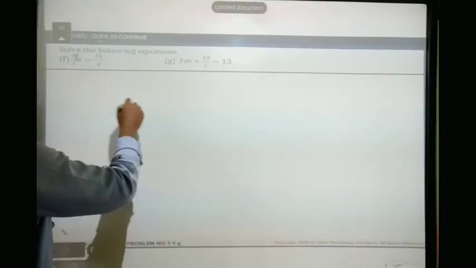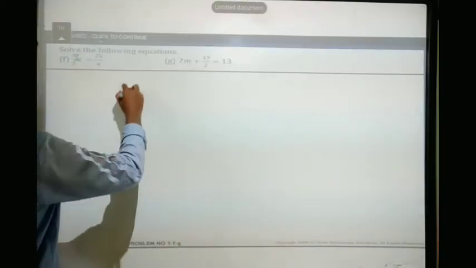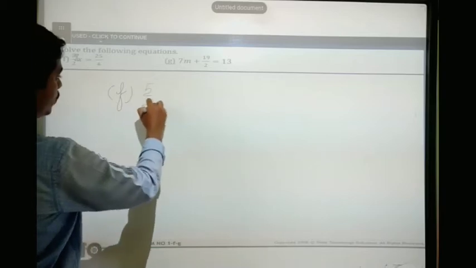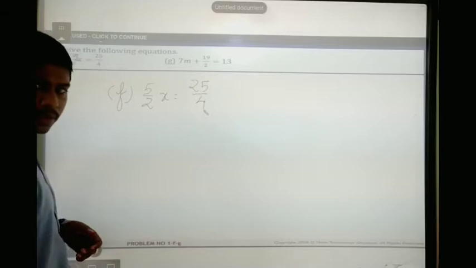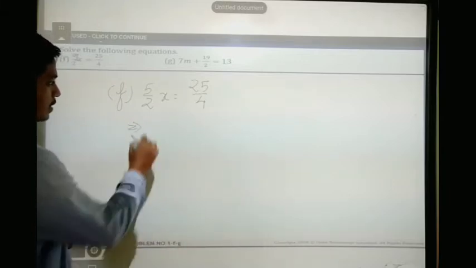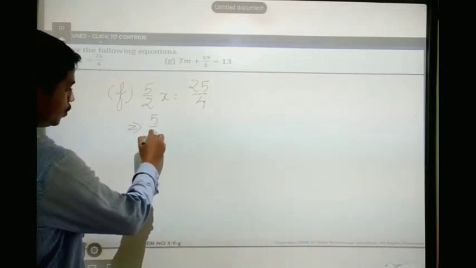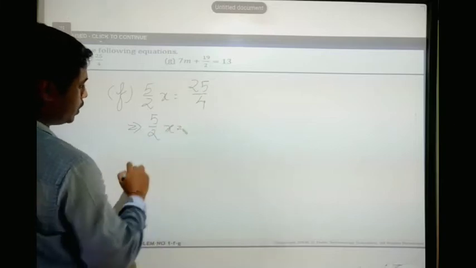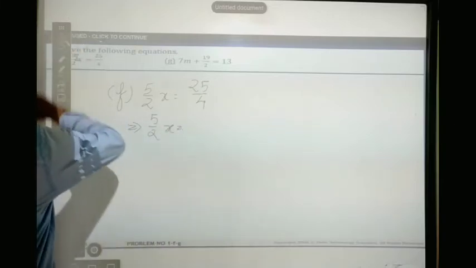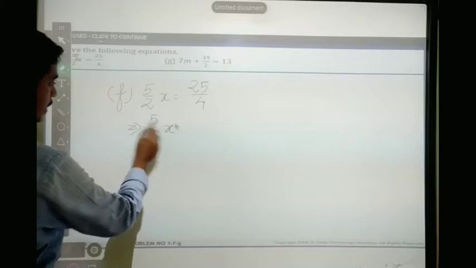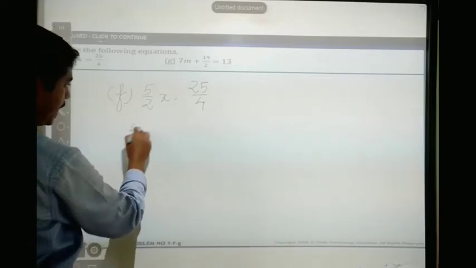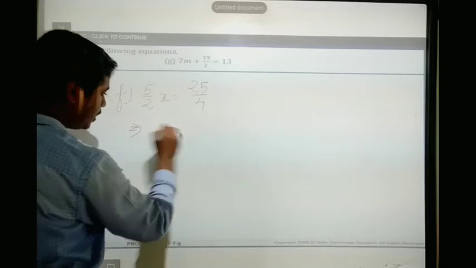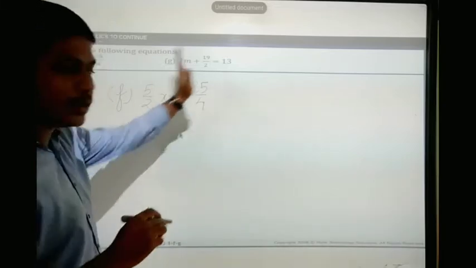Okay, the next question. Question number F. 5 by 2x is equal to 25 by 4. Let me write this first. This implies x, you put it on the left hand side, the other terms you put on the right hand side.